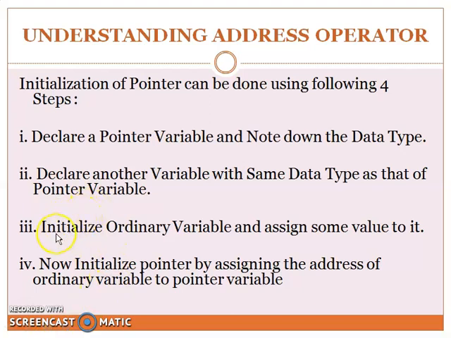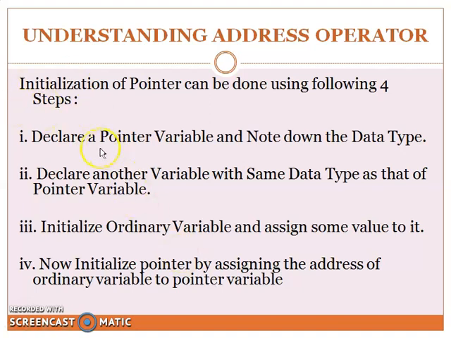Then we have to initialize that ordinary variable and assign some value to it. Now what is the next step? Now we have to initialize that pointer by assigning the address of the ordinary variable to the pointer variable. These are the common procedures used when we declare any pointer variable.